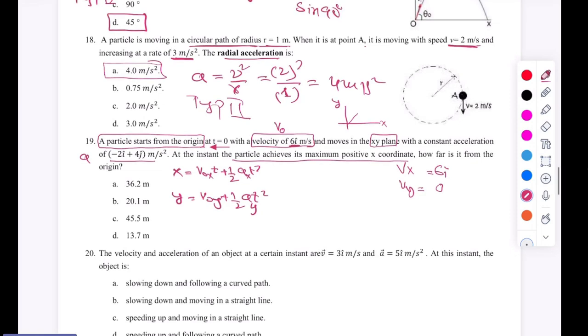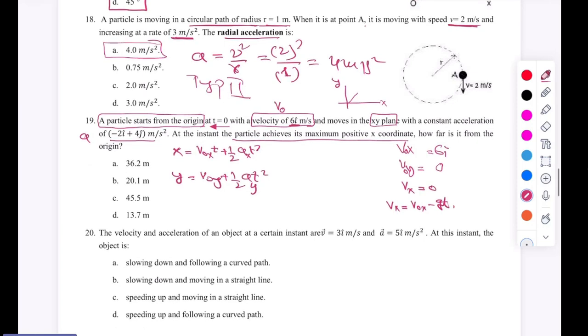At the maximum x point, the x velocity goes to 0. Then we can calculate the time, using Vx equals v naught x minus gt. We substitute the values, and we get t equals 3 seconds.